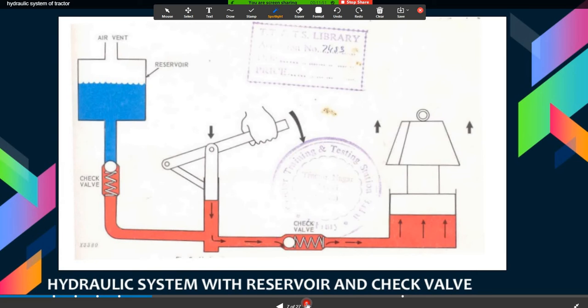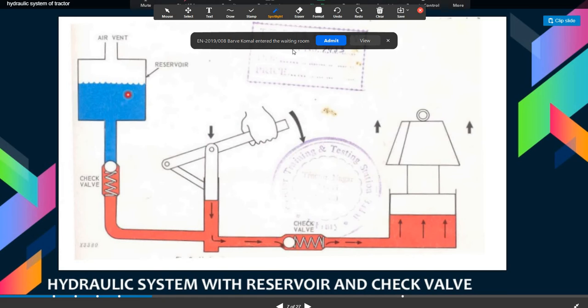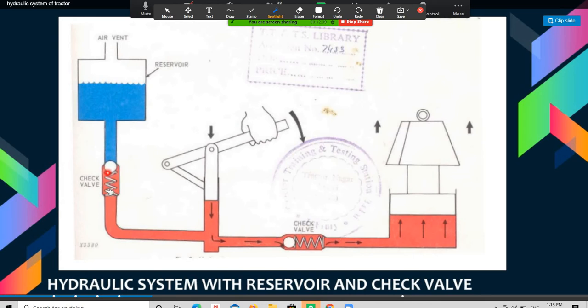You can see the hydraulic system with the reservoir and check valves. This is the reservoir, here are the check valves, and this is the handle. When we use the oil pressure with the help of the check valves, the valve is operated with the help of that lever.